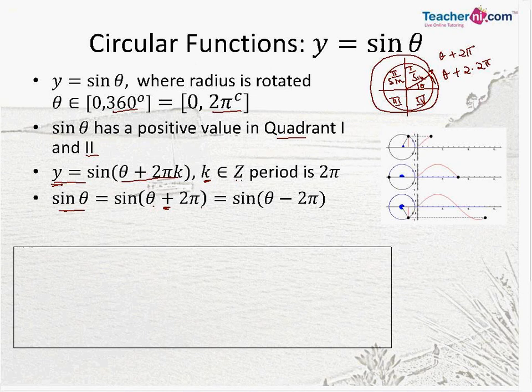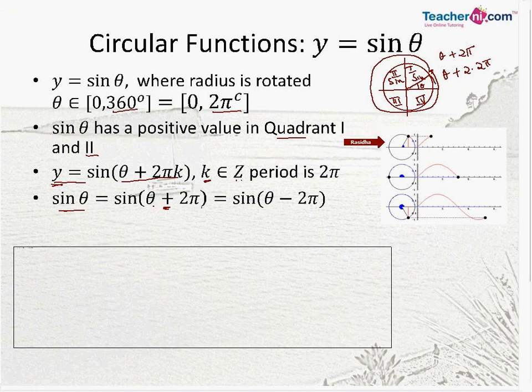So sine of theta plus 2 pi and sine of theta minus 2 pi will give you the same value as sine theta. You can see in this figure on the right hand side, here is sine theta. Complete one rotation and you come back to the same value.